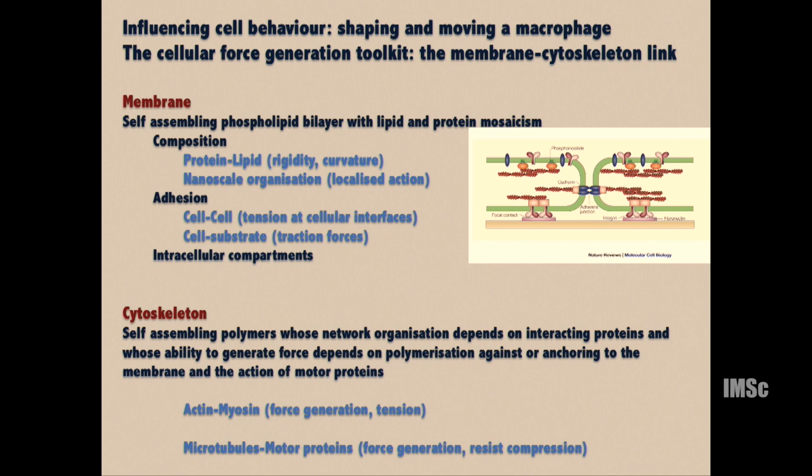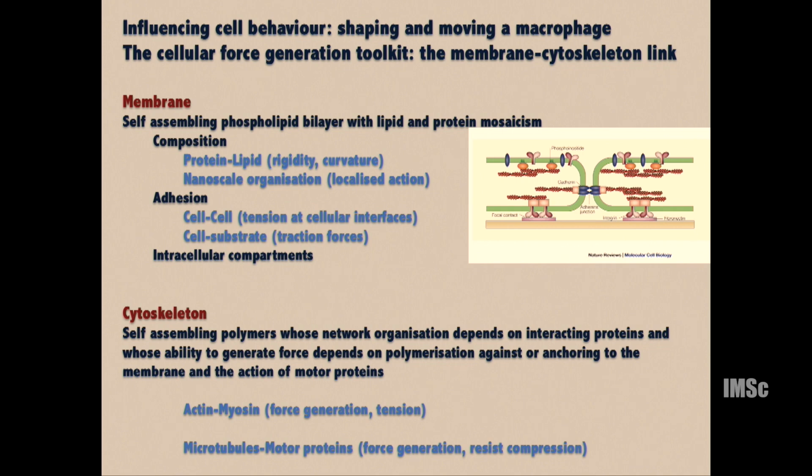The cytoskeleton consists of self-assembling polymers, and their organization, for example, branches or bundles, depends on the proteins they interact with. And their ability to generate force depends on polymerization against barriers like the membrane or anchorage to the membrane.